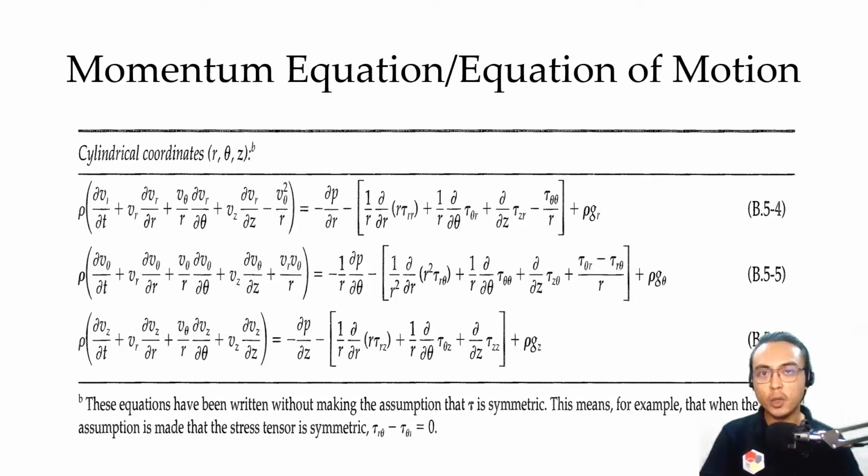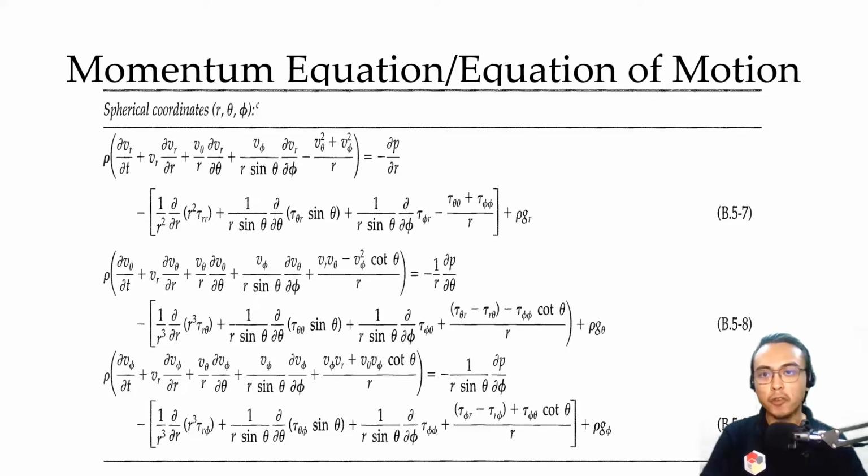These are the Navier-Stokes equations for cylindrical coordinates, and we are mainly using these equations if we are dealing with fluids flowing inside of pipes, because pipes are normally cylindrical. And finally, these are the Navier-Stokes equations for spherical coordinates. We will be dealing with these equations if we encounter a spherical fluid element that is rotating on an axis.